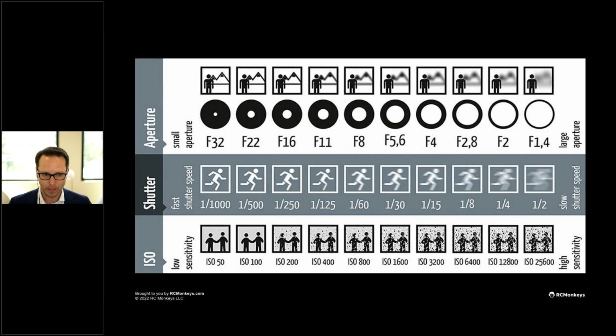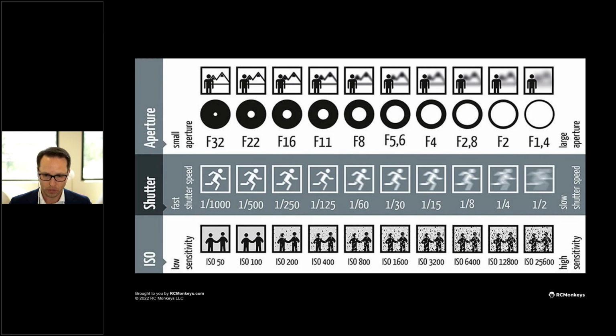And then with the shutter speed, you can see the difference, what happens if you keep that sensor open for half a second, a quarter of a second. And then with the sensitivity to light, you get a lot of noise once you increase the ISO. Obviously, if you're shooting in low light conditions, you'll have to increase that, so the ISO will be higher.